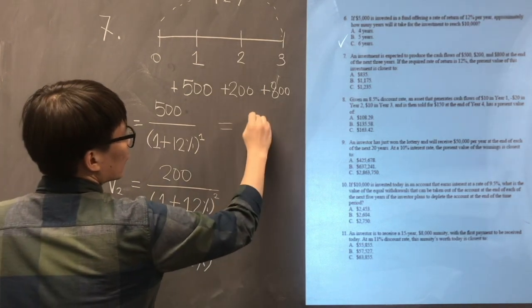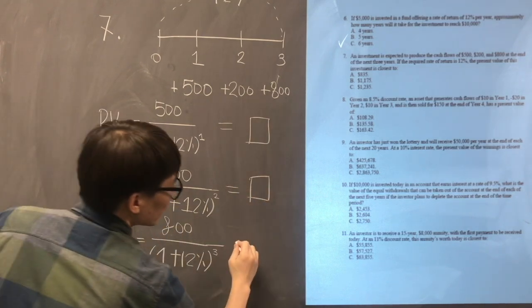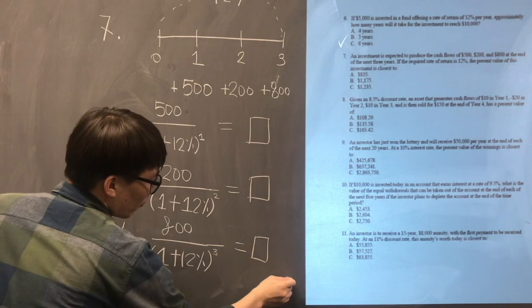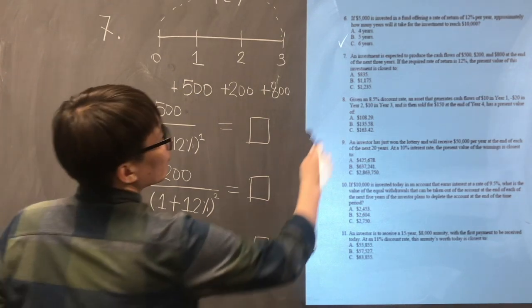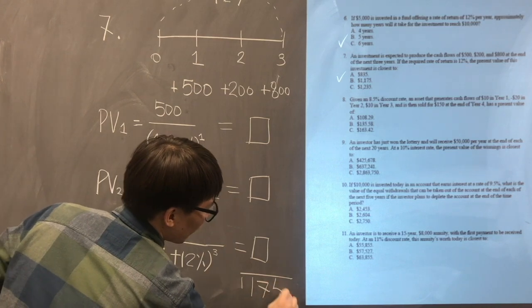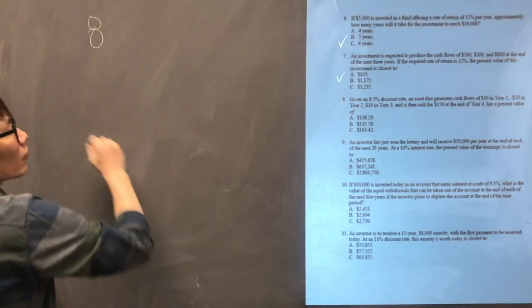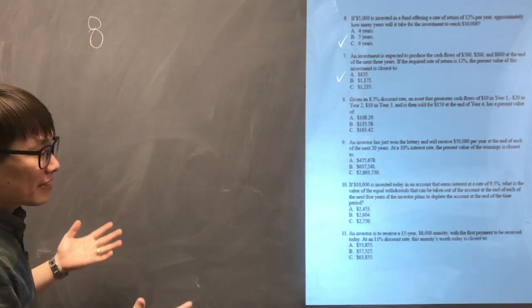Once you calculate these numbers and sum these 3 numbers, what is it? 1175. Am I correct? Yes. Question 8. Question 8 and 7 are the same.